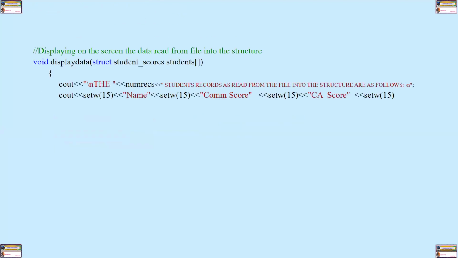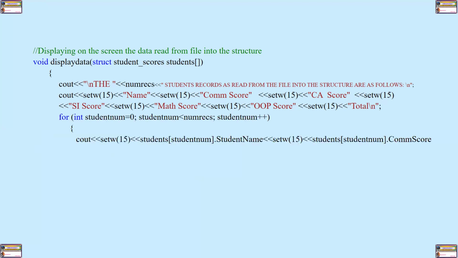So how is the display done? Remember, the data that we have read from the file and written in the structure is now being read from the structure to the screen. This heading will be written on the screen, and then the compiler will start reading the data for the number of records that the user has requested.